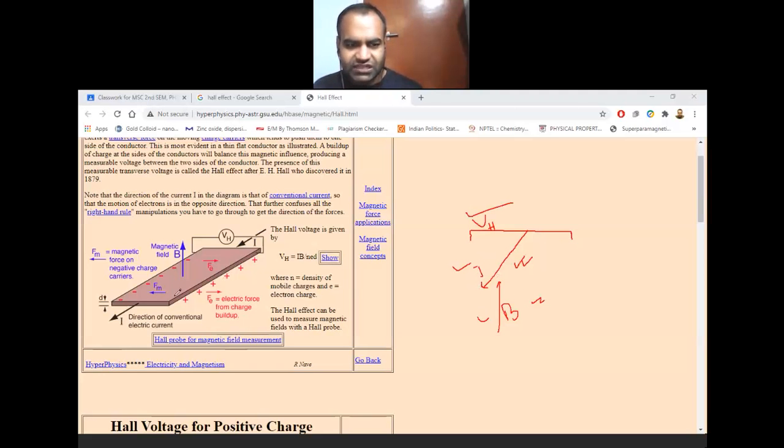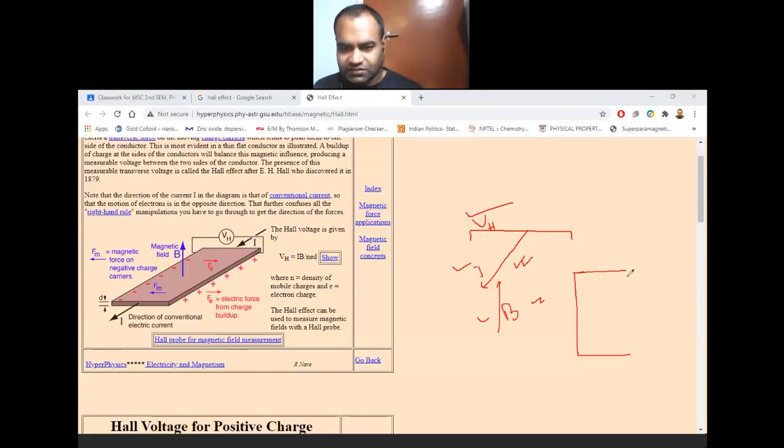I think you can also understand it from this figure. The magnetic field is directly up, so it is perpendicular to the Hall voltage and the current, and the Hall voltage is developed across the specimen, and it is also perpendicular to the current.